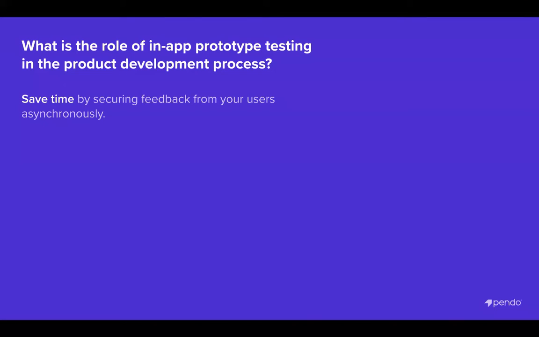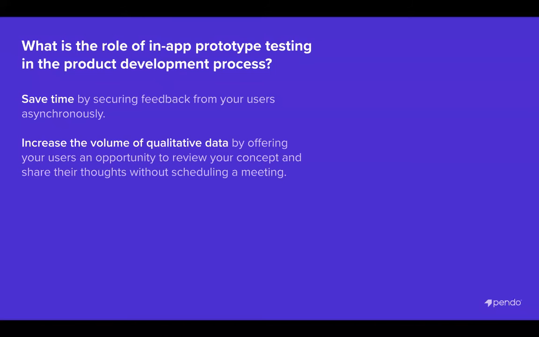Basically what that means is you can push this guide out with a prototype, get users to test it out and give you feedback on their own time, and then you can be working on other things, come back in a couple of days, see what they had to say, and get back to it. Also, you can increase the volume of qualitative data on your concepts by offering your users an opportunity to give their opinions without necessarily taking time out of their calendar to schedule a meeting with you, set up a call, all of that.